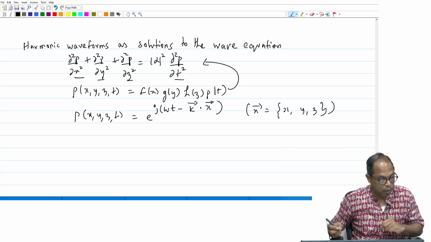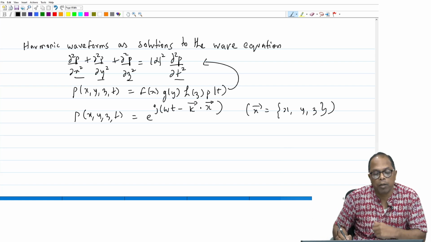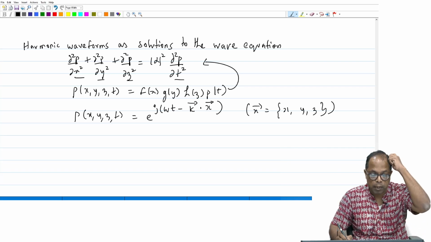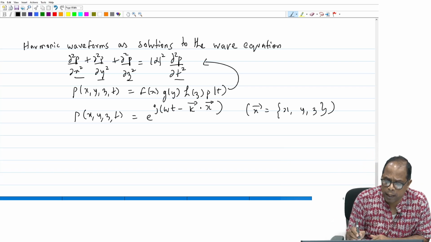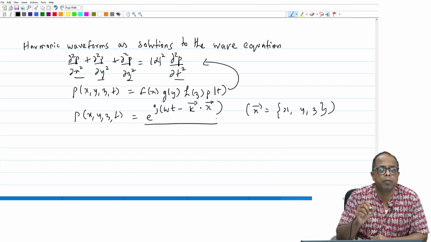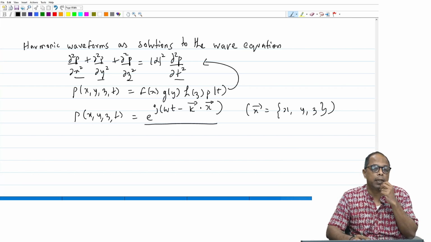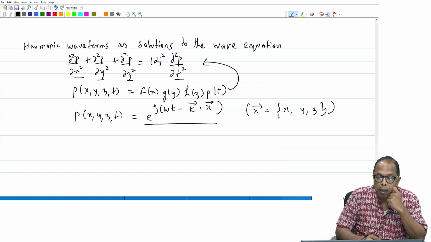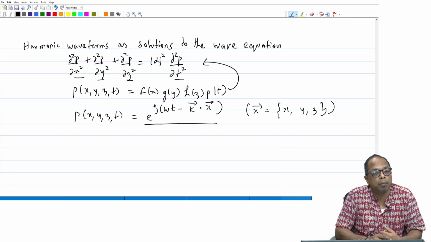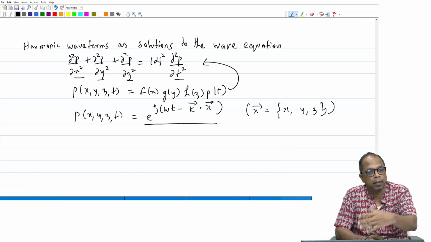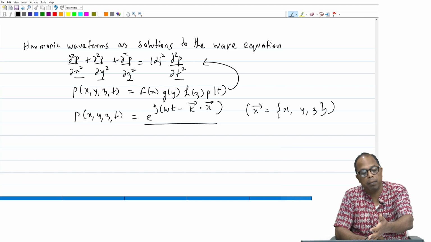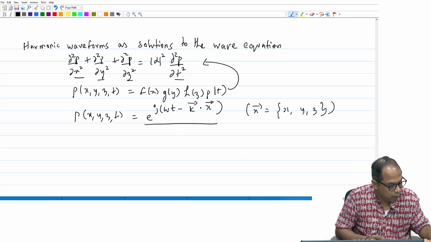You could go through the steps and see it for yourself. Some people will write the solution in terms of sines and cosines. They'll write the solution to the wave equation as sine of omega t minus k vector dot x vector. You will get the same thing here. If you take the imaginary part, or if you want the cos, you could take the real part. So, you could do all that.